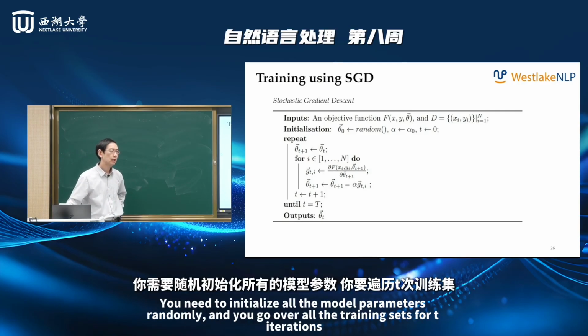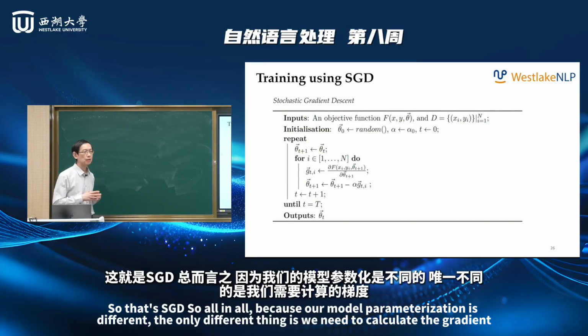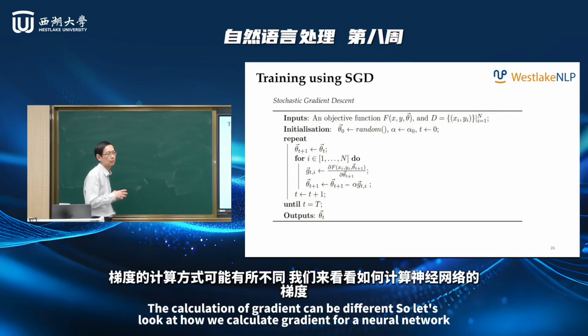You initialize all the model parameters randomly, and you go over all the training sets for t iterations. For each training example, you calculate the local gradient, you update your model, you move on. So that's SGD. All in all, because our model parameterization is different, the only different thing is we need to calculate the gradients. The calculation of gradient can be different.